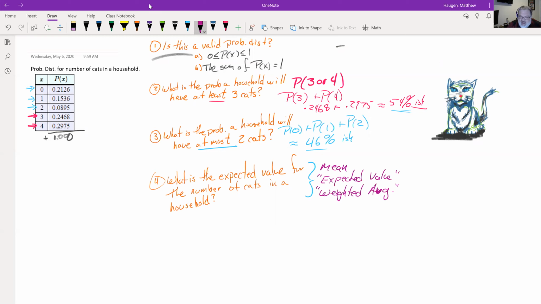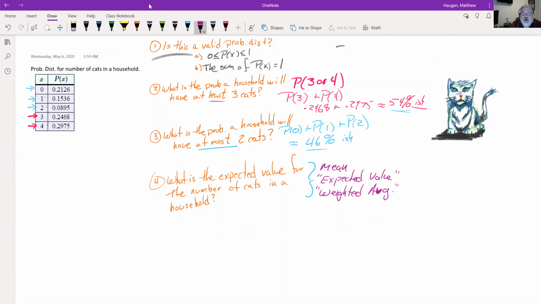The weighted average is called weighted average because it is weighted by the probabilities. So for example, if we just found the average between 4, 3, 2, 1, and 0, just added those up, what would we get? We'd get 9 divided by 5, so the average was 9/5.